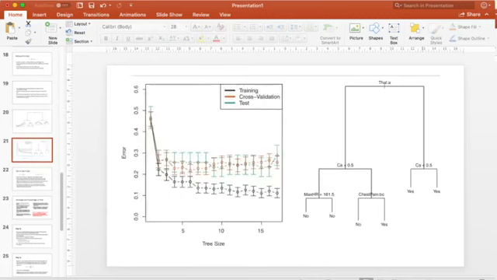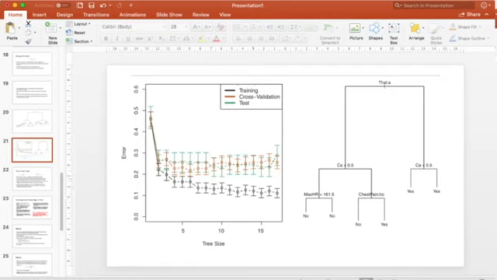So for this particular data, when we compute the error, remember, this is not MSE, this is the error rate, because this is for classification problems. You can see that for the training data, again, the error rate reduces as we increase the tree size.